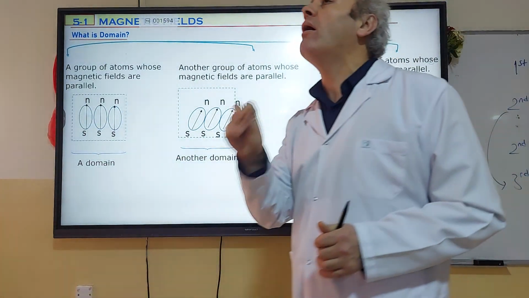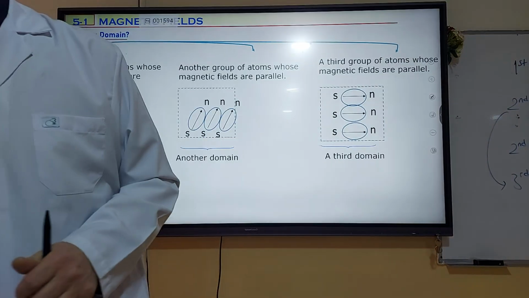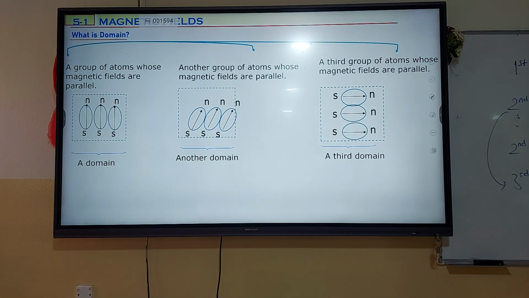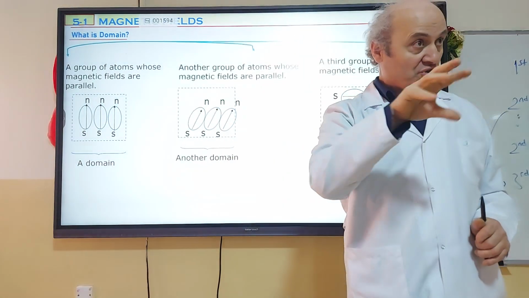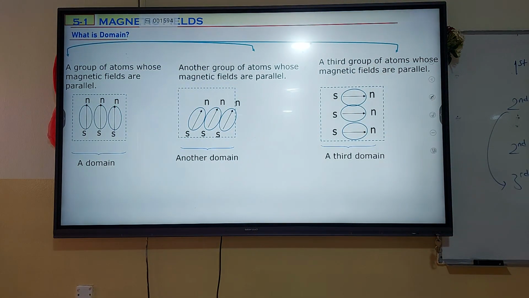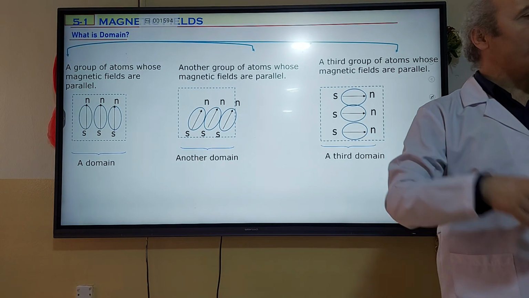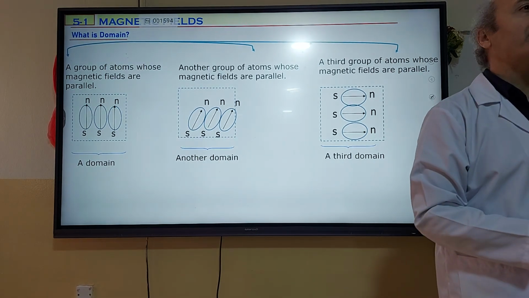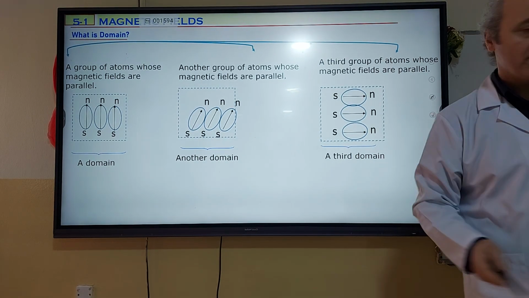And depending on this domain orientation, a substance can be a natural magnet, or can be a magnetic material like iron, cobalt, nickel, steel, or can be a non-magnetic material like paper, plastic, wood. Depending on what? Orientation of domains.